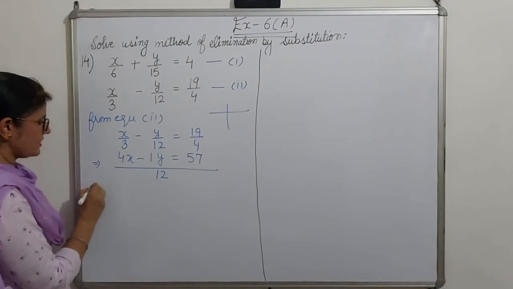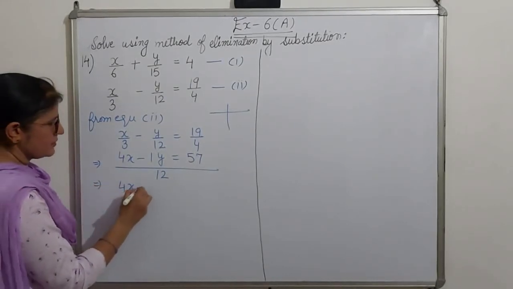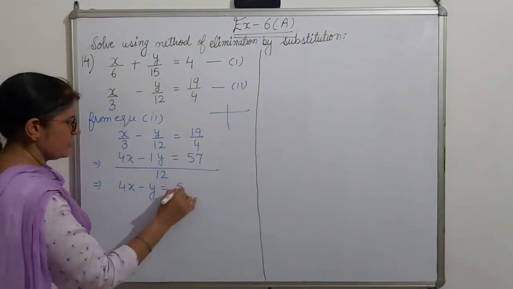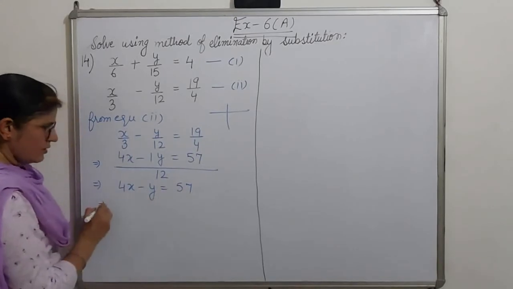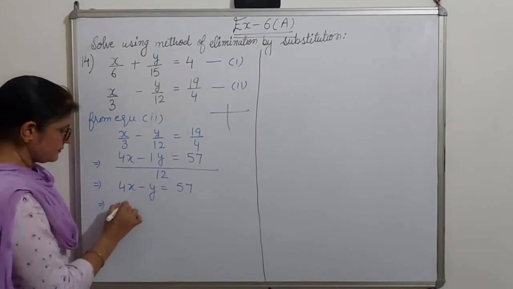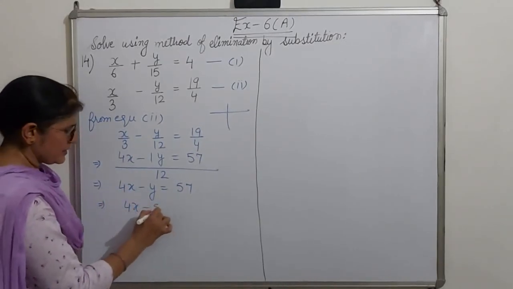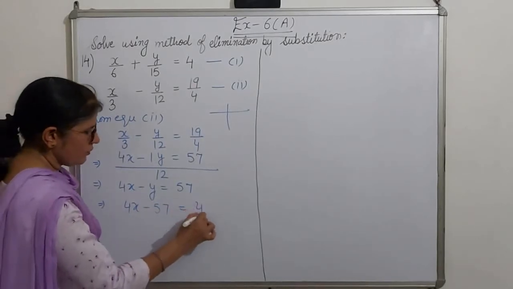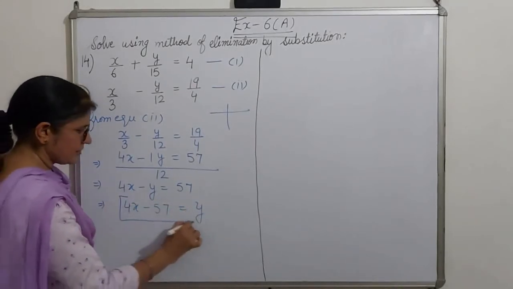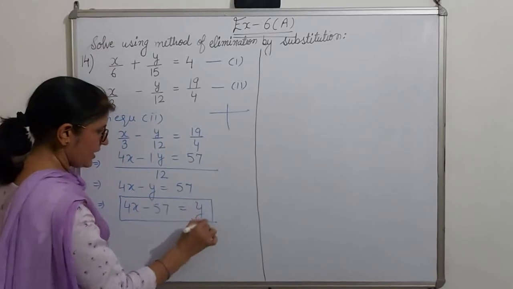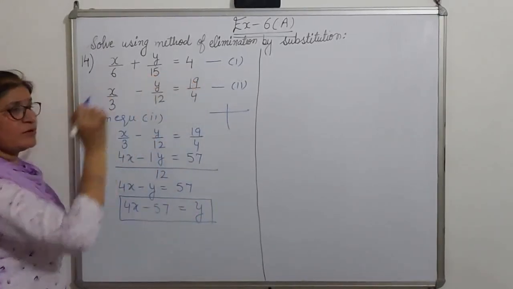So what is the equation? 4x minus y is 57, so what is y then? 4x minus 57 is equal to y. We take this value of y and now substitute it in equation first.